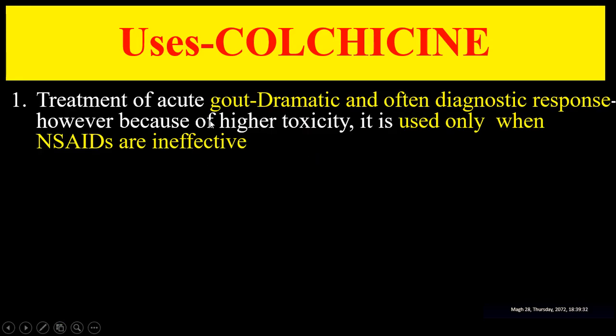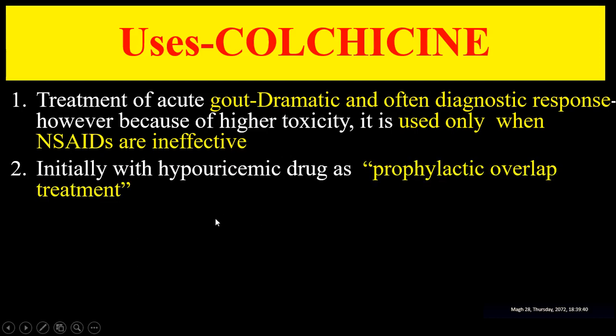So what are its uses? In gout it gives a dramatic and often diagnostic response, but its use has been superseded by NSAIDs, particularly indomethacin. And as I told you earlier, while initiating hypouricemic therapy, you have to use colchicine for some time as prophylactic overlap treatment.